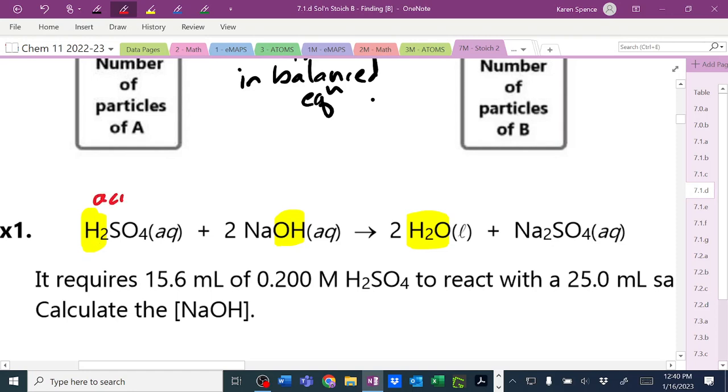It is an acid. What type of compound is NaOH? A base. And what did we get when we reacted them together? We got water and a salt. Now, our only coefficient here is a 2. So everything else, oh, there's a 2 here as well.